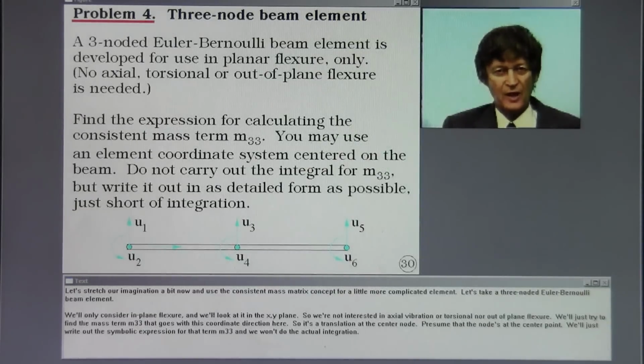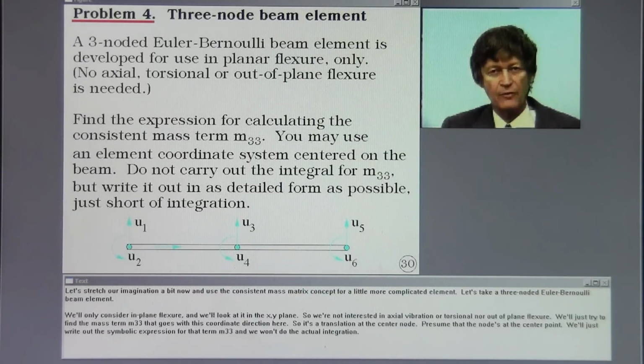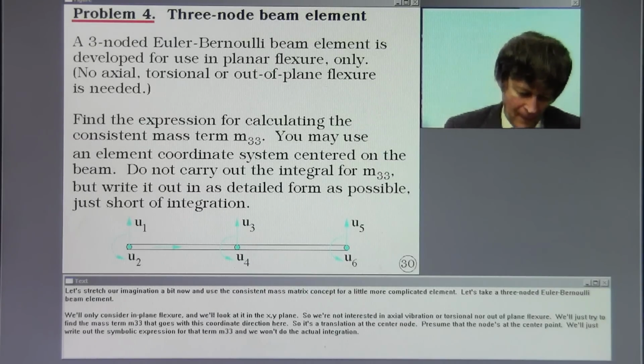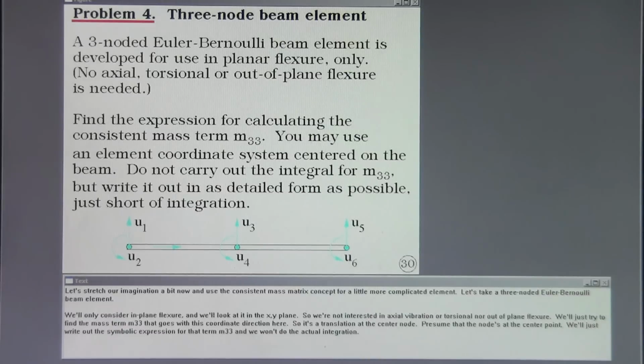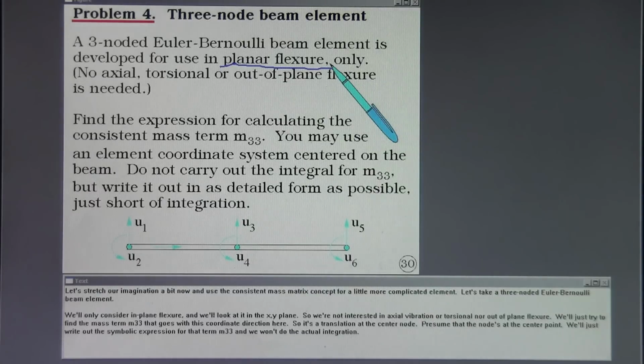Let's stretch our imagination a bit now and use the consistent mass matrix concept for a little more complicated element. Let's take a three-noded Euler-Bernoulli beam element. We'll only consider it in planar flexure, in the XY plane. So we're not interested in axial vibration or torsional nor out-of-plane flexure.